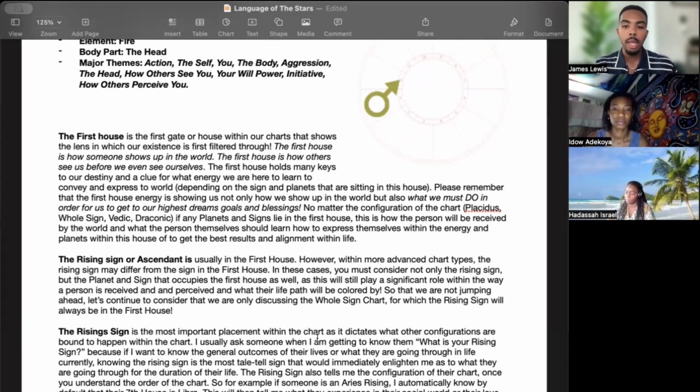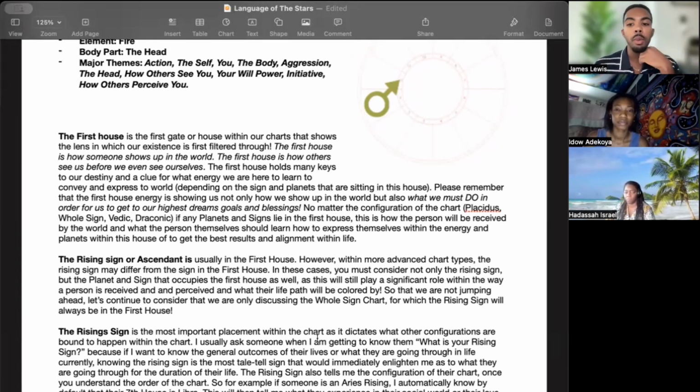In these cases, you must consider not only the rising sign, but the planet and sign that occupies the first house as well, as this will still play a significant role within the way a person is received and perceived and what their life path will be colored by. So literally what I just said about how, whether it's Placidus, Vedic, no matter what, you still have to follow and ascertain what that first house energy is, because it will still play a part.